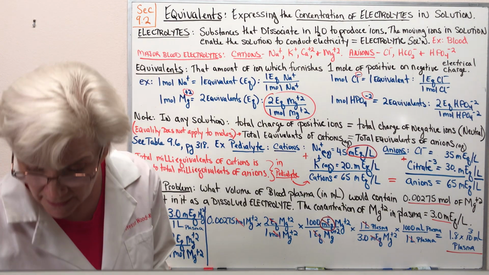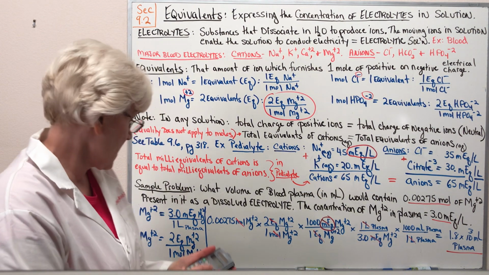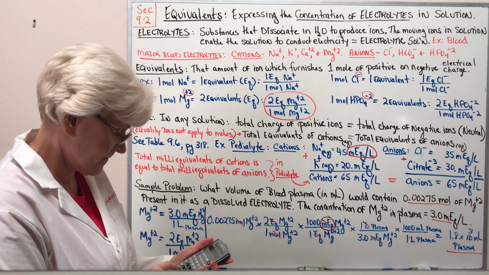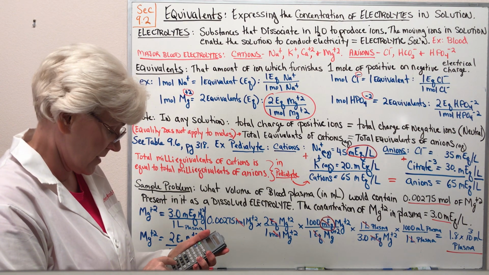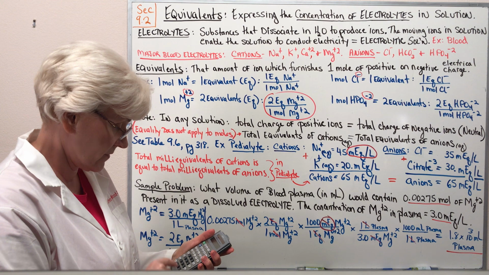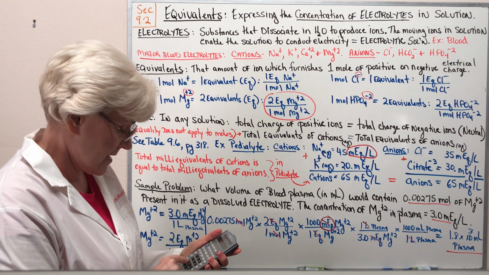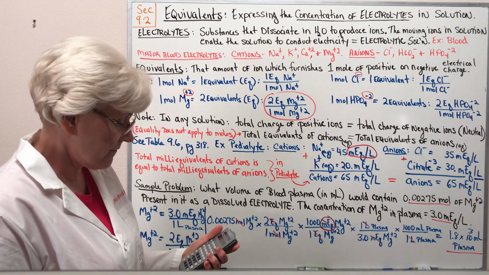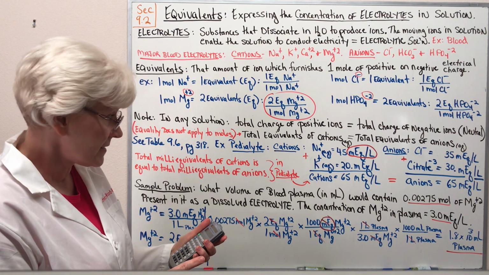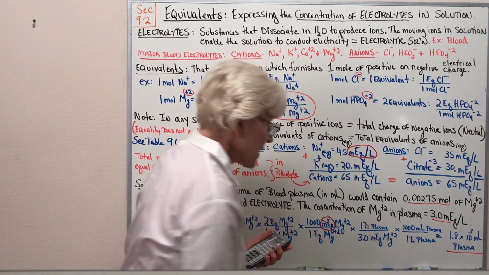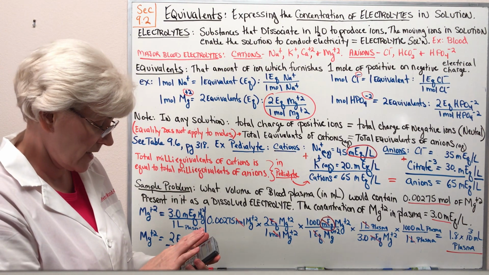So taking our calculator and operating, just double checking that we've done this properly, I get a value that I see needs to be expressed with 2 sig figs.